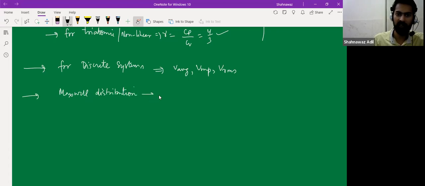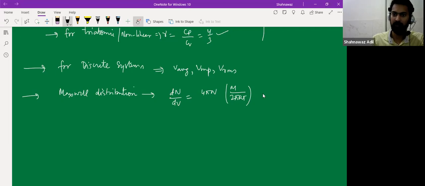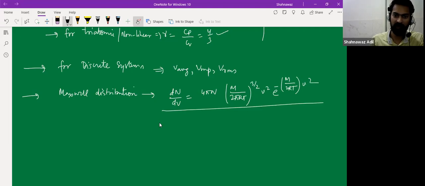Maxwell distribution was defined like this, right? And in the Maxwell distribution, we found out the most probable velocity, which was root of 2RT by m, which is also equal to root of 2kT by m, right?